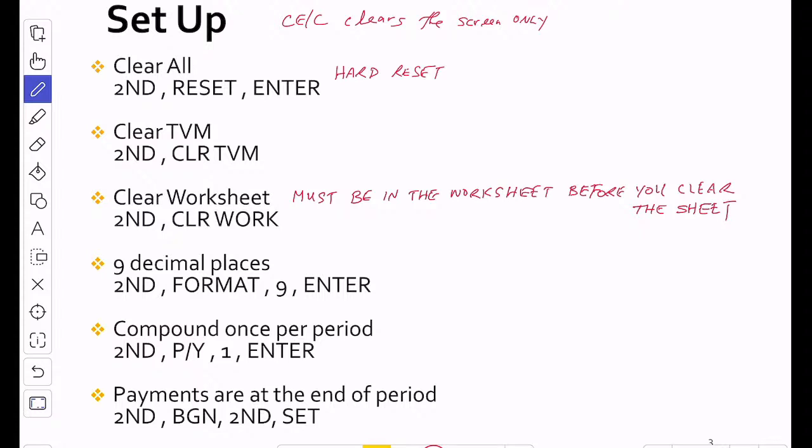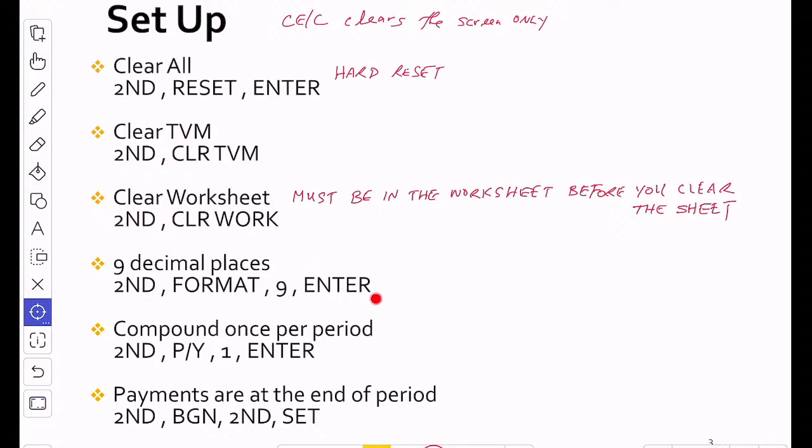Okay, so what we want to do next is set up the display and then reset or make sure that the default is compounding once a period. So first we're going to go to the decimal places.